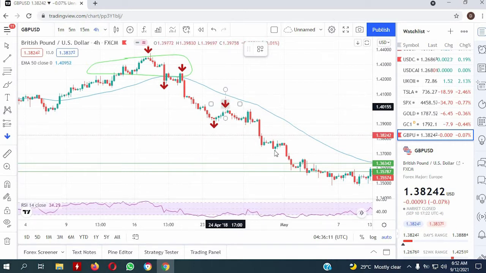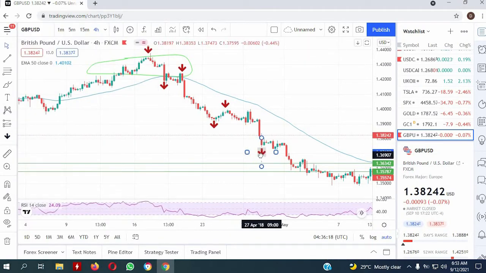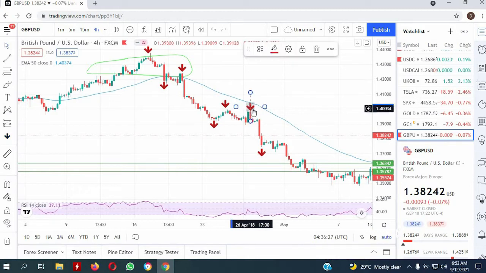Then the market pushed down and created another lower low. It created a high which is lower than the previous high.